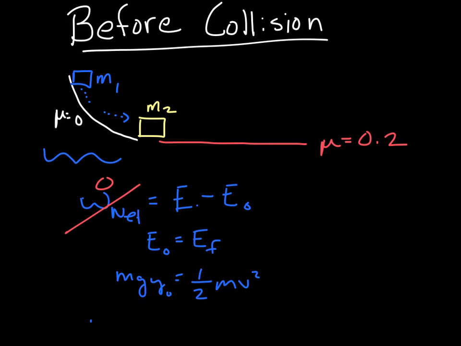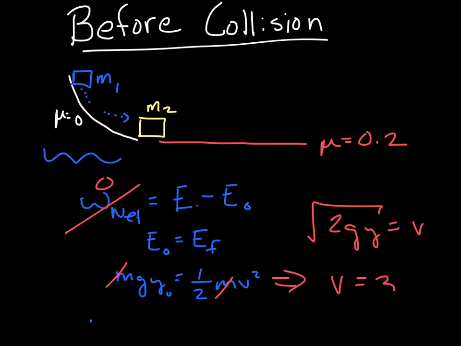Your m's cancel, and this goes to the square root of 2gy equals v. If you solve for this, you will get a velocity of 3.13 meters per second. That is how fast block 1 is going when it hits block 2.